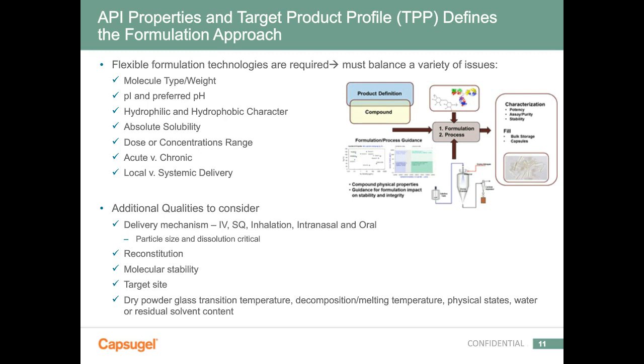So let's say there are additional qualities as well. That delivery mechanism: are we looking at something that's IV, sub-Q, inhalation, intranasal, oral? Knowing what that ultimate delivery mechanism is, we would then have to define particle size and overall dissolution properties, including the reconstitution profile: do we need rapid reconstitution, high concentration reconstitution?